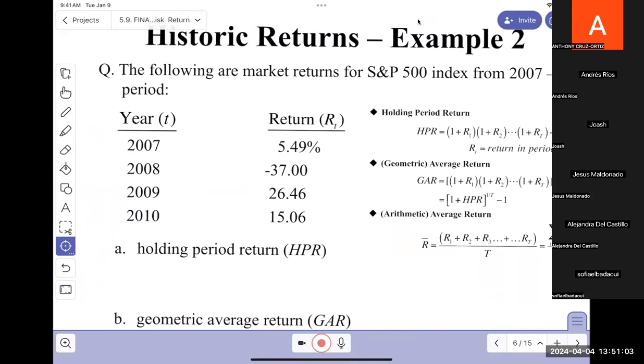And here you see the crash or the shock in 2008, where we started at about 5.5% in 2007. I've mentioned before the average return of market returns is about 11% over an 80-year period.